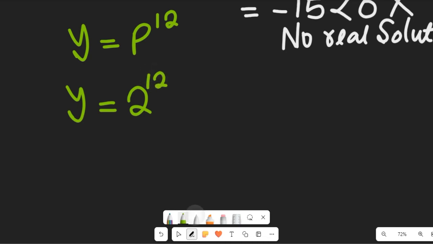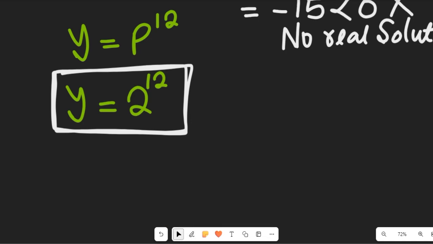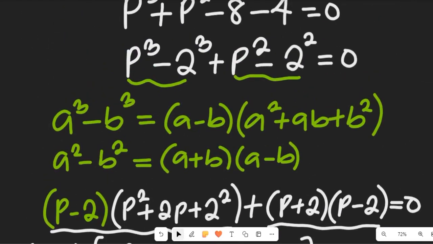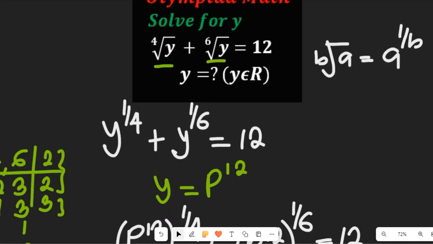And this is the solution to that expression given to us up there. Now, to check if the solution is actually right, we're going to insert the value of y equal to 2 to the power of 12 into the original equation given to us.